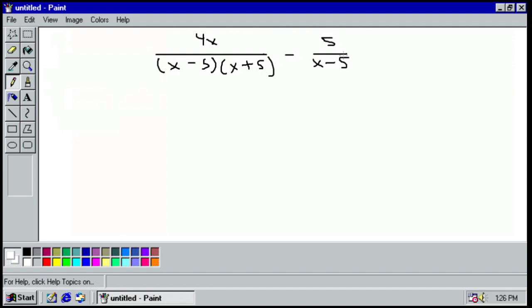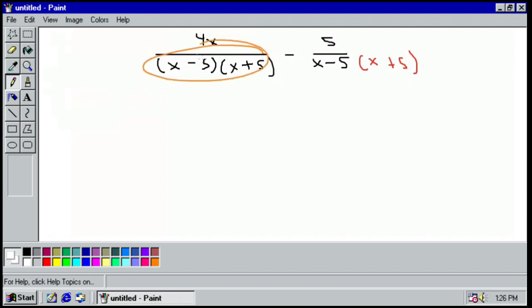We need x plus 5 on this part of the fraction. So we need to find a way to make them have the same denominator. In this case, we need to multiply this by x plus 5. So as you can see, both of them are the same now.